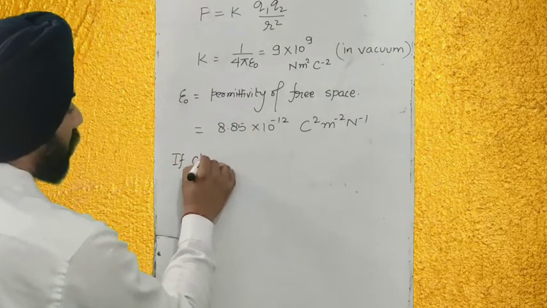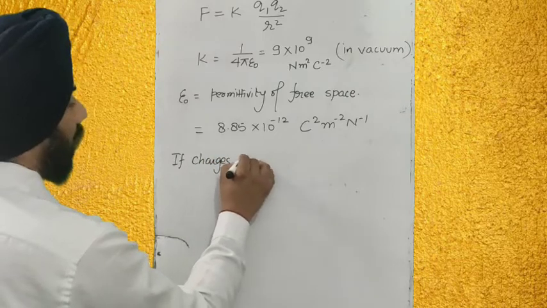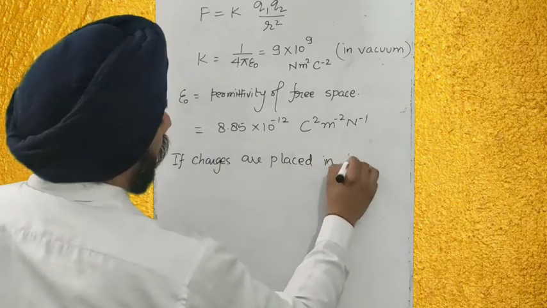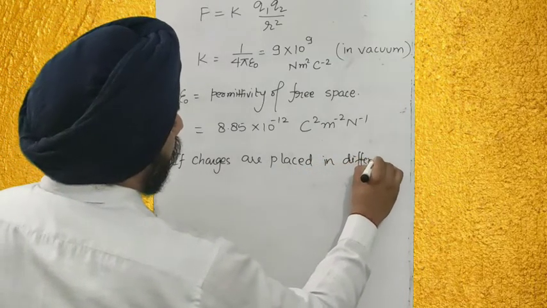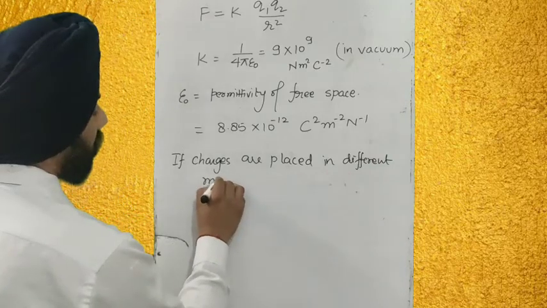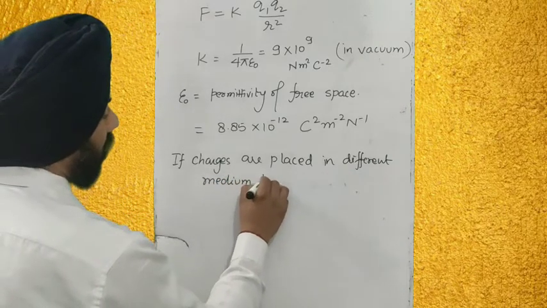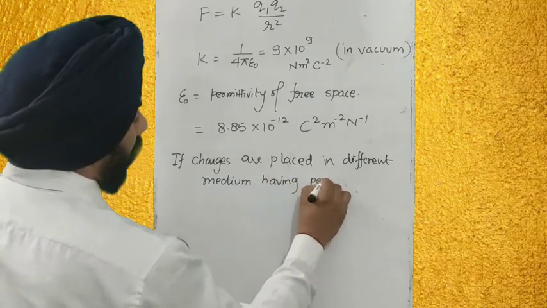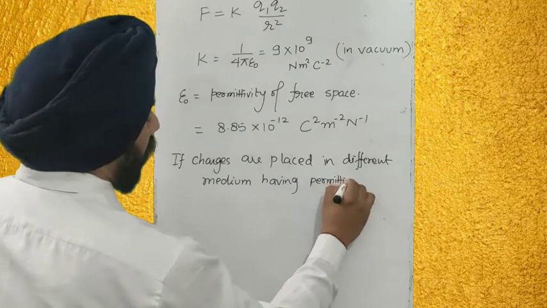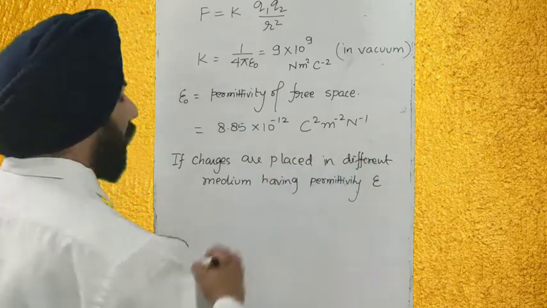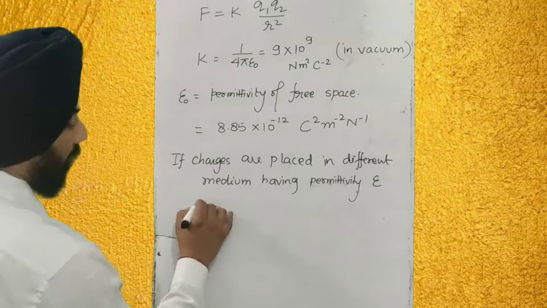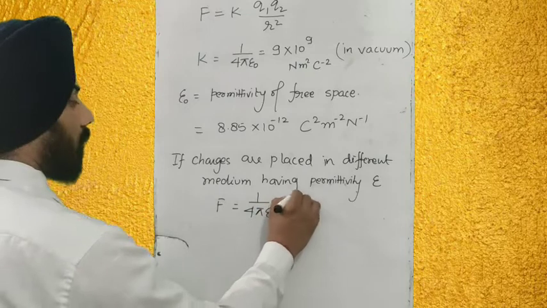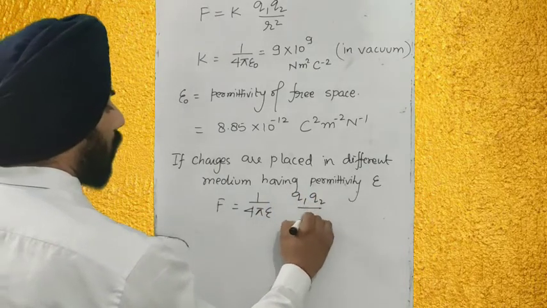If charges are placed in a different medium having permittivity epsilon, then this formula we will write as 1 upon 4 pi epsilon Q1 Q2 upon R square.